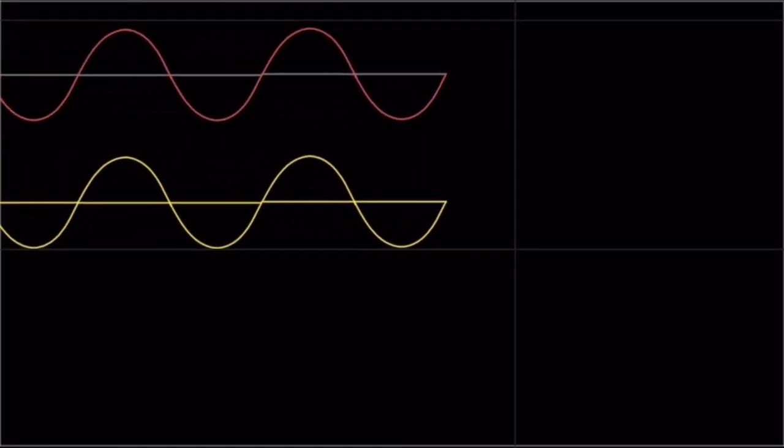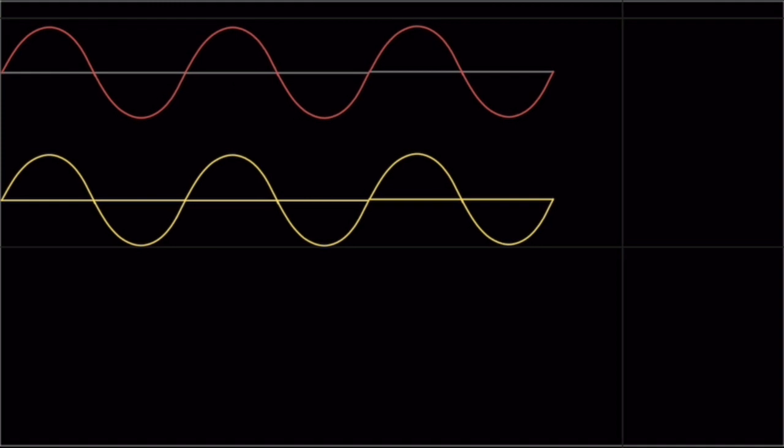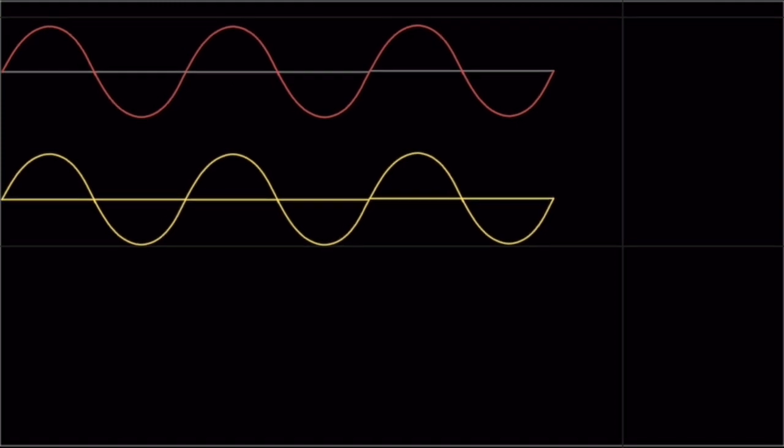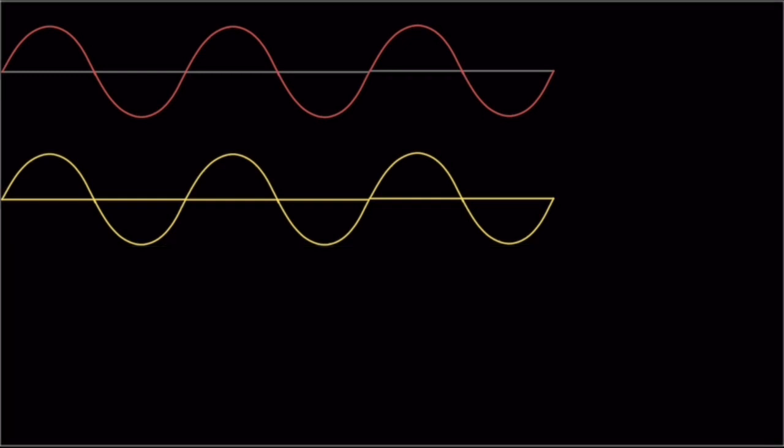We will take two waves and check for coherency, whether they are coherent or not. These are the two waves, the red one, and below I have drawn the yellow one. So what is the consistency here? If I say that these two waves are coherent, how will we check it?